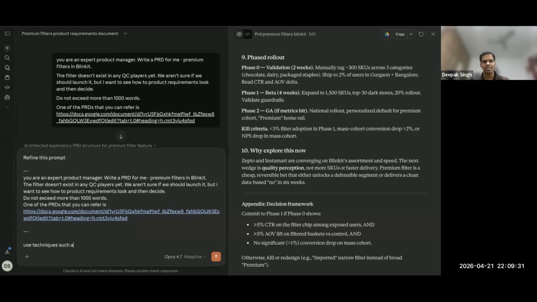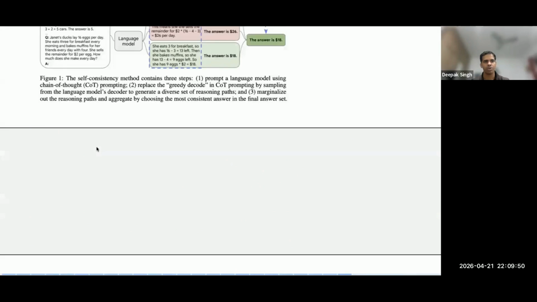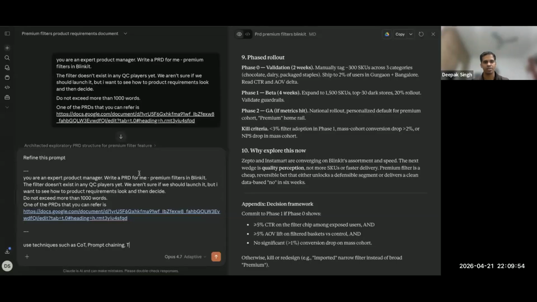Use techniques such as chain of thought. A really good one is prompt chaining. Another one, not tree of thought, because tree of thought would be very complex for this, but what you can do is self-consistency, if possible.